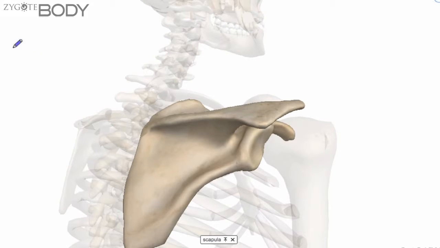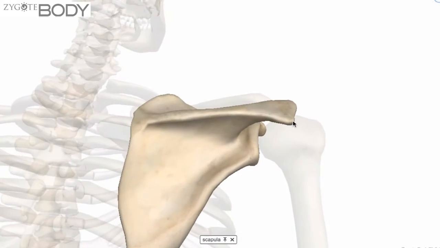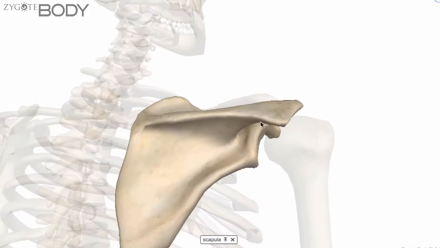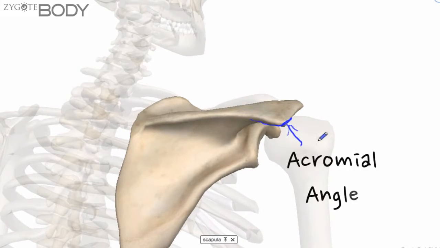Another structure that you need to know here is this. Let me rotate a little bit. As you can see here, there is an angle forming in the acromion process, and this is called the acromial angle.